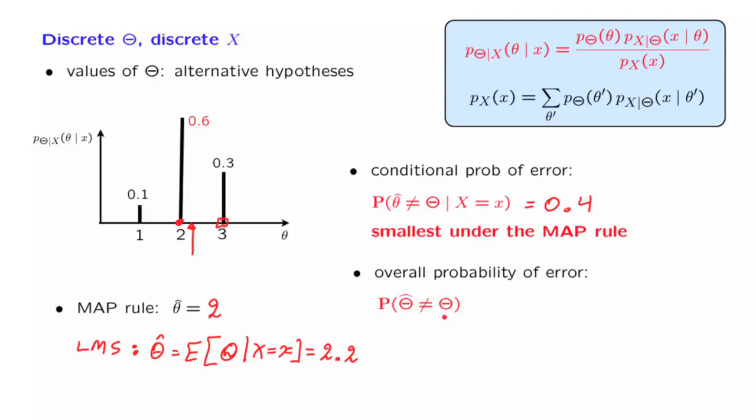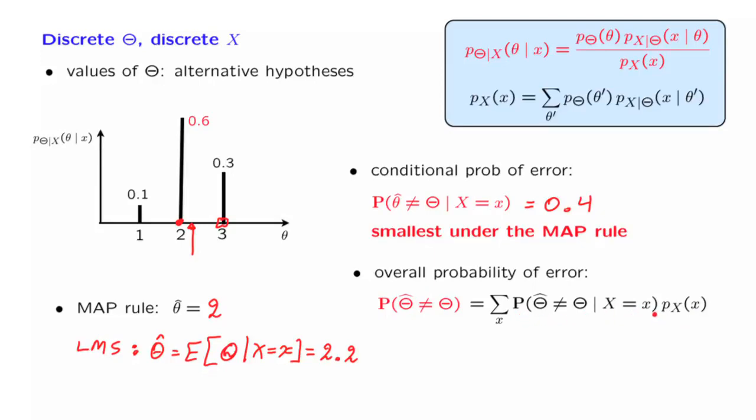We can calculate this overall probability of error by using the total probability theorem and the conditional probabilities of error as follows. We condition on the value of x. For any possible value of x, we have a conditional probability of error, and then we take a weighted average of these conditional probabilities of error.